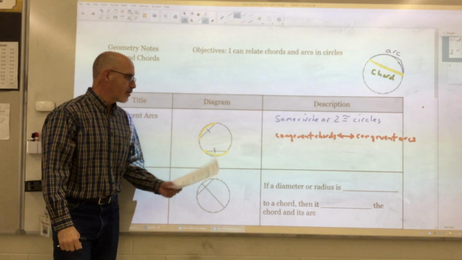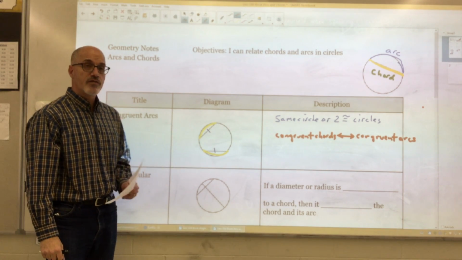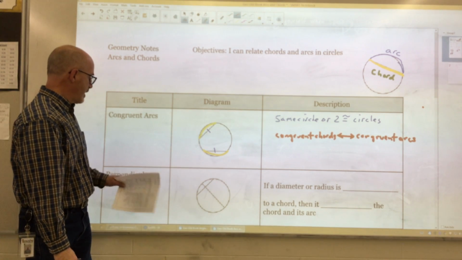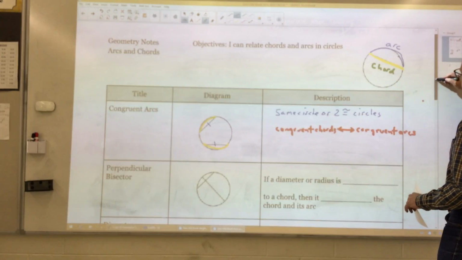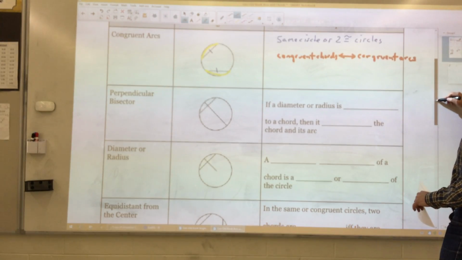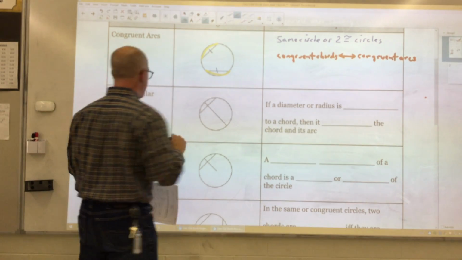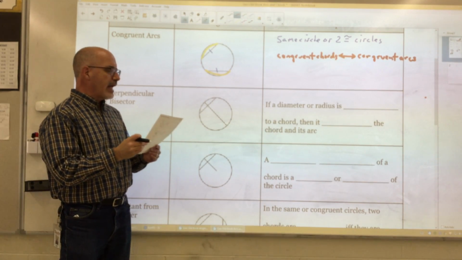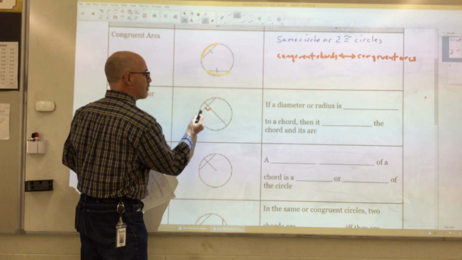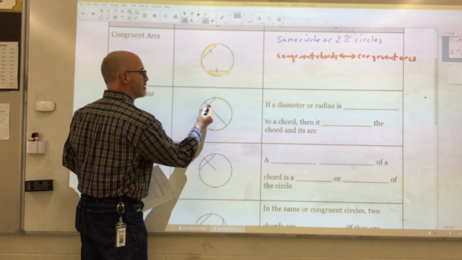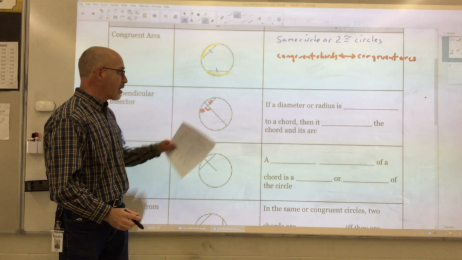We'll use that quite a bit, so look for it if you've got chords involved and they're congruent. Now let's talk about perpendicular bisectors and how those relate. We can look at our diameters and radii in these problems. Notice that this is perpendicular and it bisects, so it makes two congruent segments of that chord.